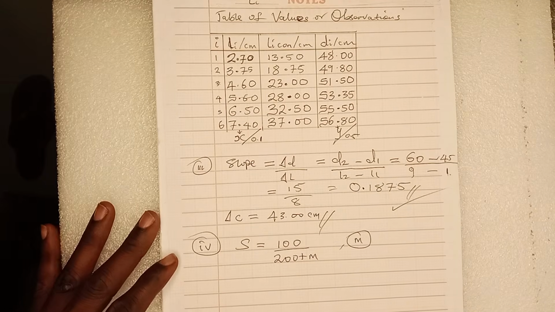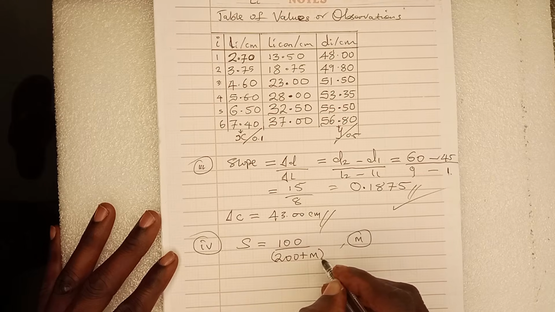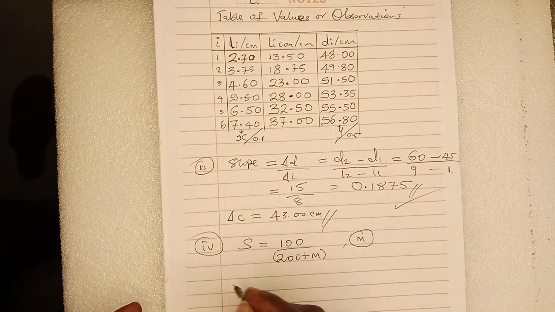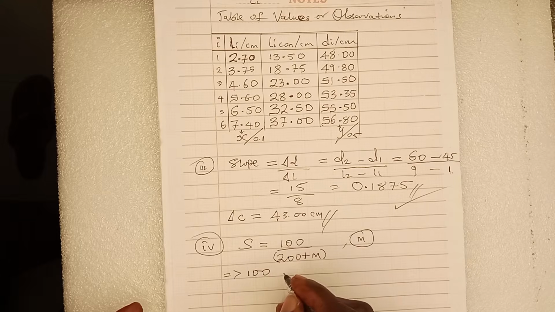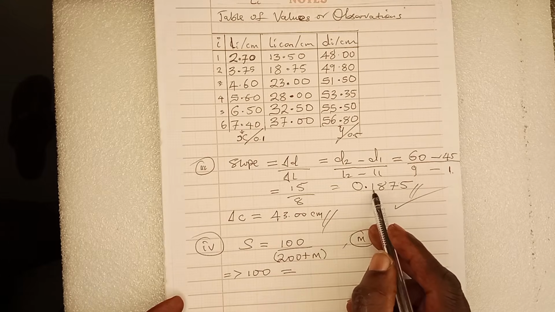So we cross multiply, just put it in the bracket. This implies that 100 is equal to, the value for S is 0.1875.